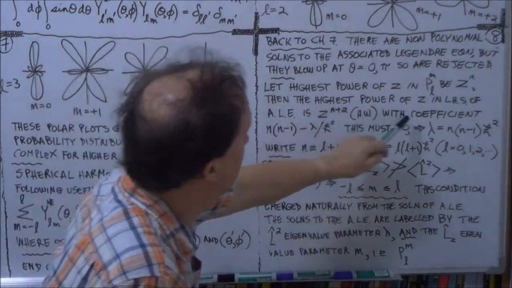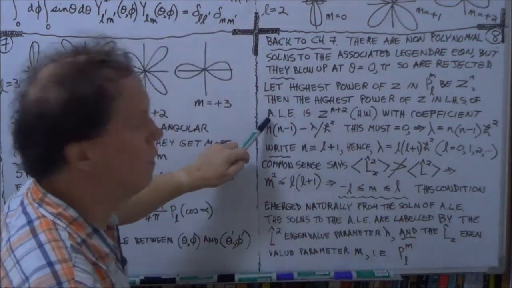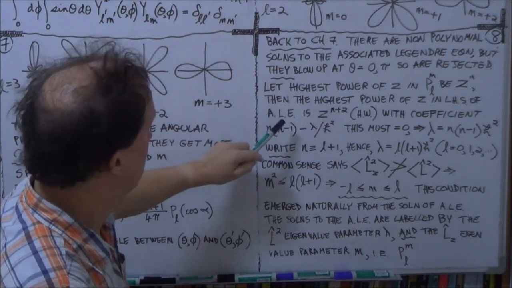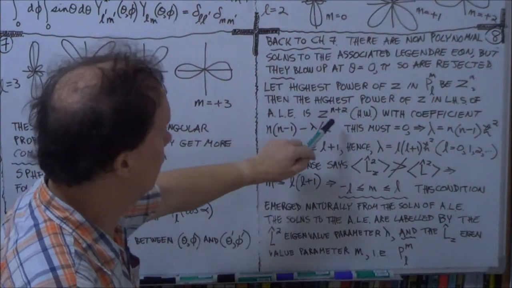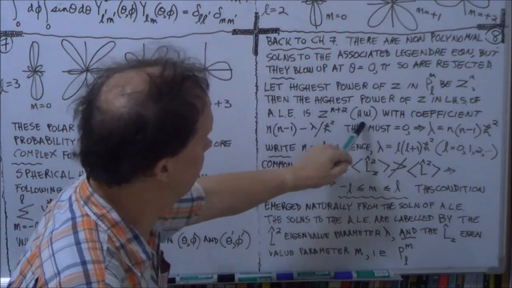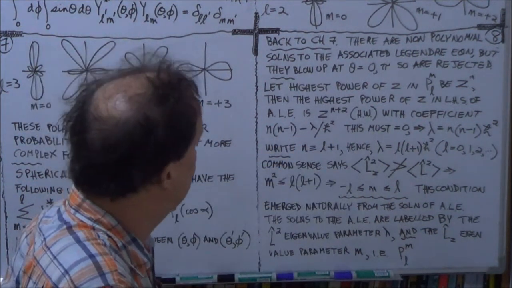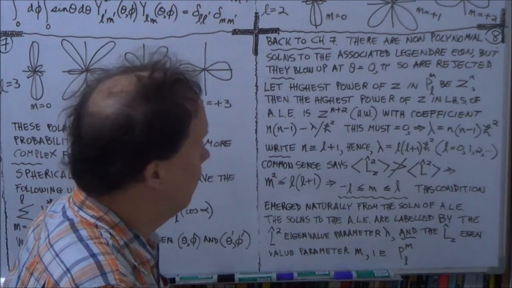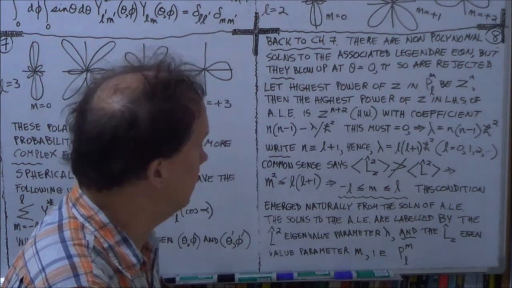So what is the highest power of Z in the associated Legendre equation? Well, it turns out to be Z to the n plus 2, and I've asked you to do that for homework. Why is it? Well, I could give you a hint.